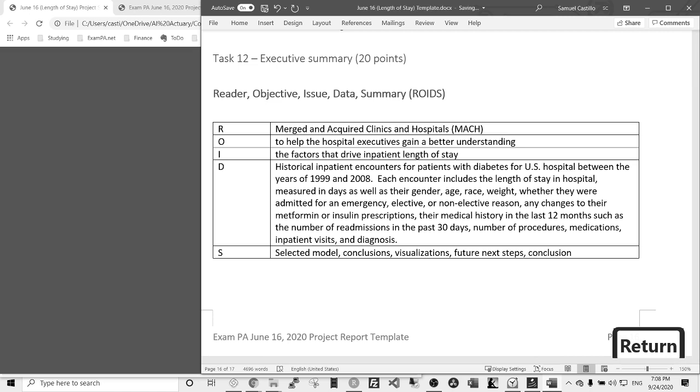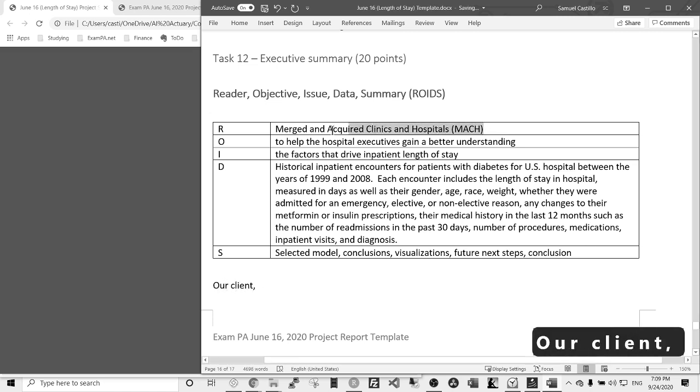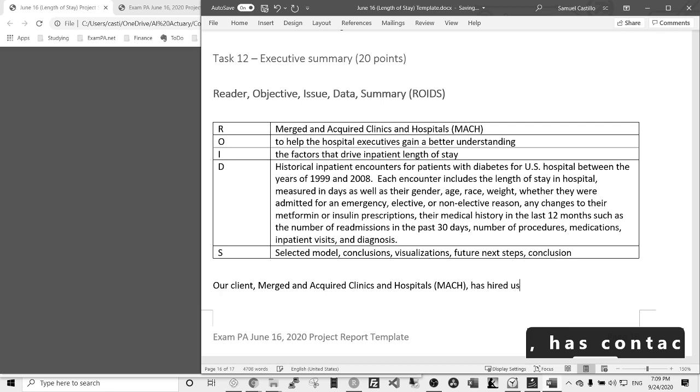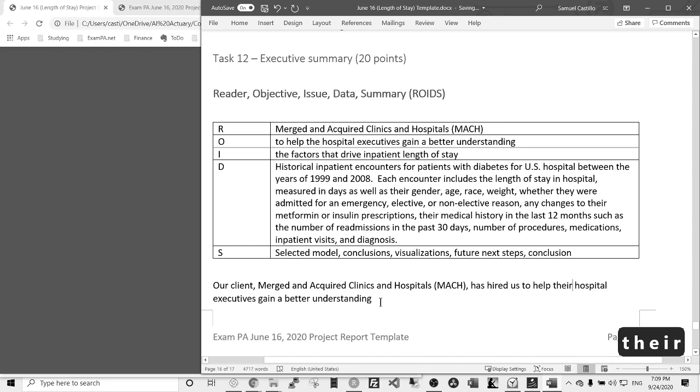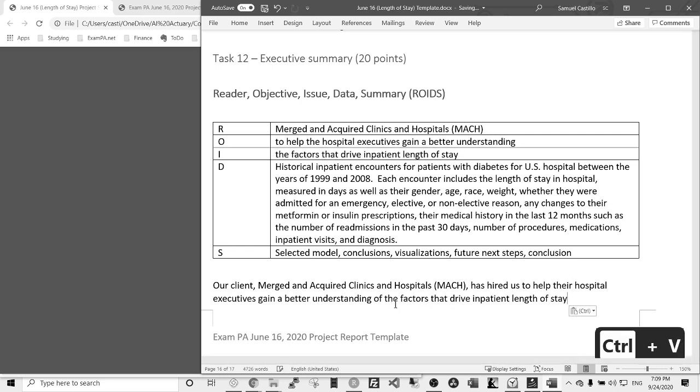For instance, you can immediately say, our client, merged and acquired clinics and hospitals, has hired us to help their hospital executives to gain a better understanding of the factors that drive inpatient length of stay.